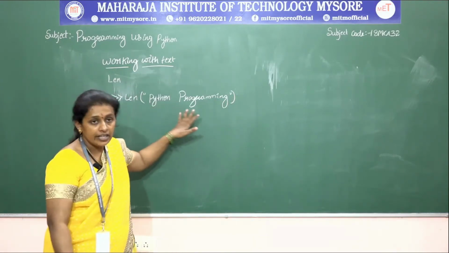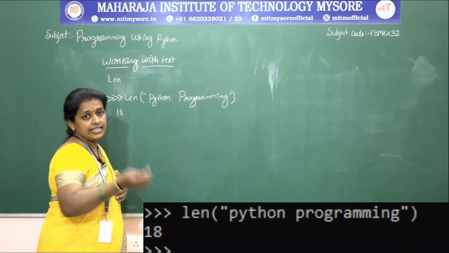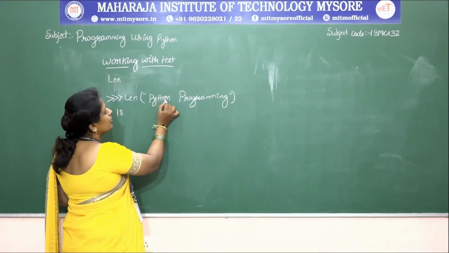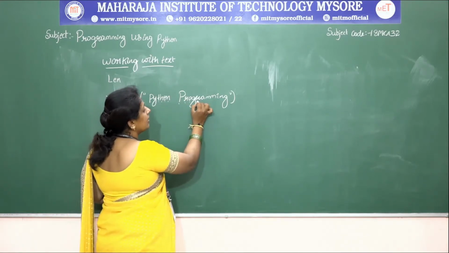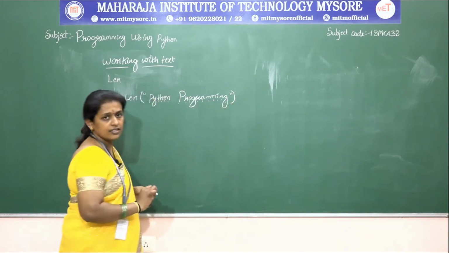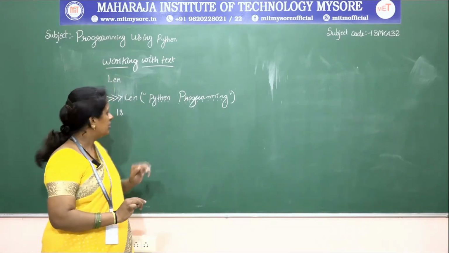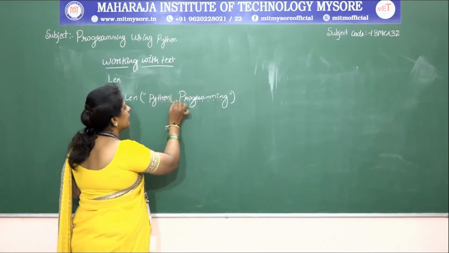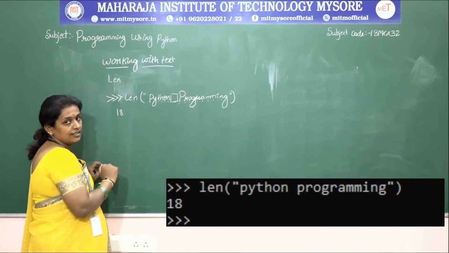When this statement is executed, I will get the answer 18. Let us calculate how many characters are present: 1, 2, 3, up to 17. Here we have only 17 characters, but the output is 18, because the space is also counted when calculating the length.